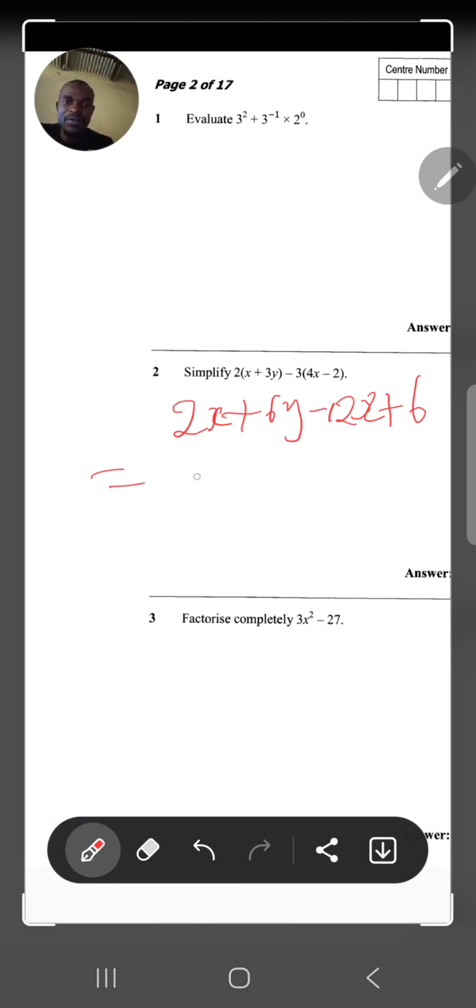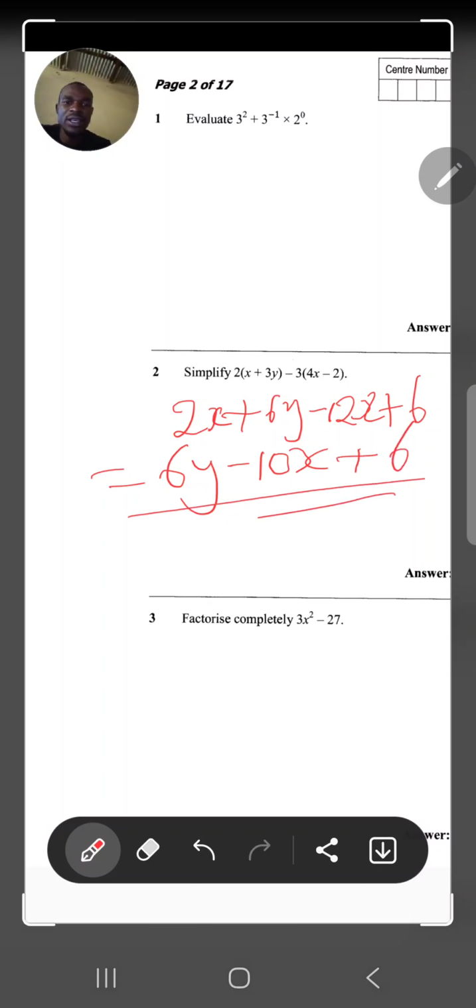Y has got no like terms, but we have 2x minus 12x, which gives us negative 10x. Plus 6 has got no like term, and there is our final answer.